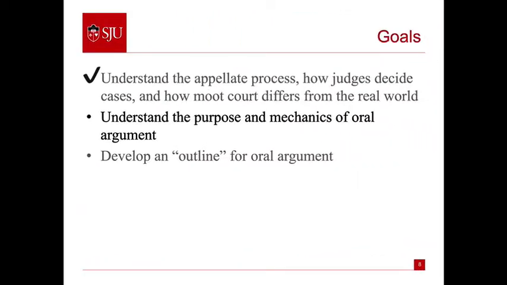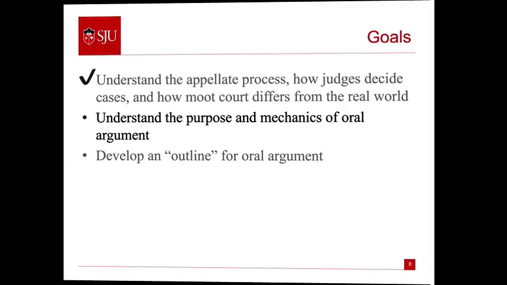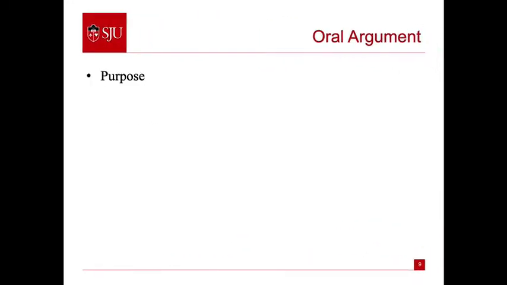So let's move on to the second goal of this video, which is to understand the purpose and mechanics of oral argument. The purpose of oral argument can best be understood by thinking back to the place in which oral argument sits in the overall context of the appellate process.